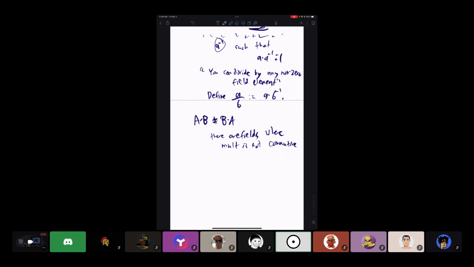If I can jump in, I think that a field requires that both of the groups are abelian, so it will be associative and also commutative. Well, I think invertible matrices are a field, but the multiplication is not commutative, right? Or well, I assume they are not always a field.